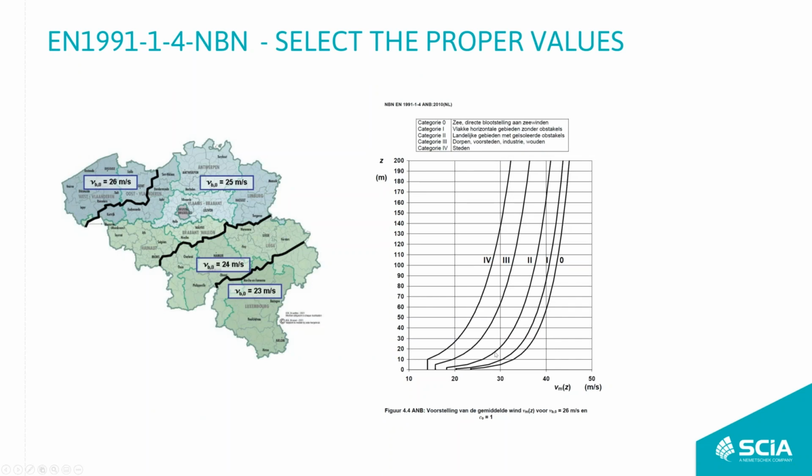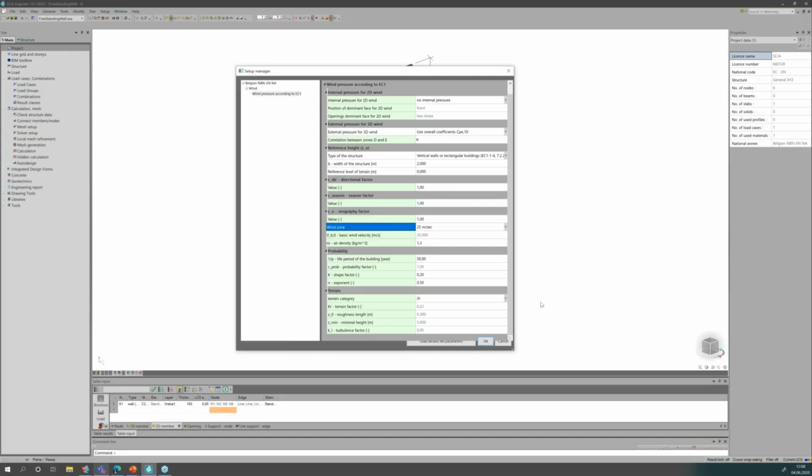Here you have the different categories which show the dependency on the wind speed and the height of the structure, and also on the category of the terrain, which goes from category 0, which is the sea, to category 4, which is the city. I will select terrain category 3 for my purpose.